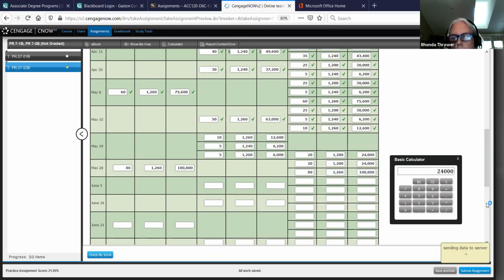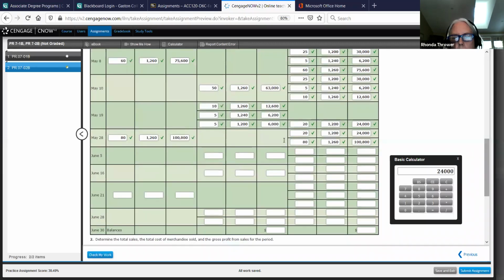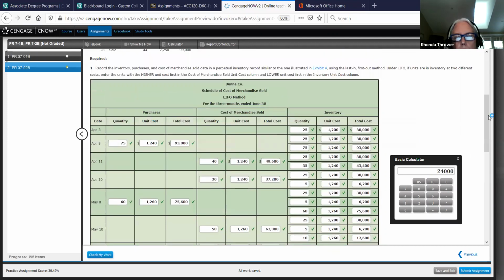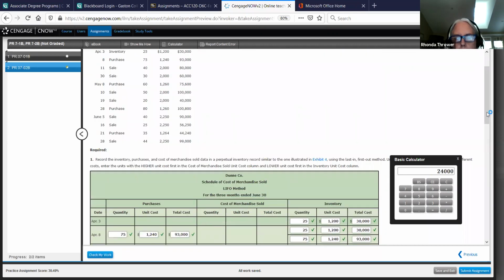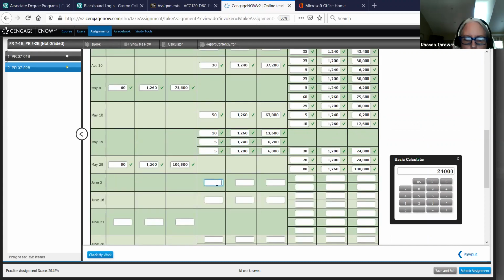And I think I forgot to check my work on the previous one. So everything looks good though. All right, so on June the 5th, we sold 40 units. All 40 units are going to come from the May 28th purchase.